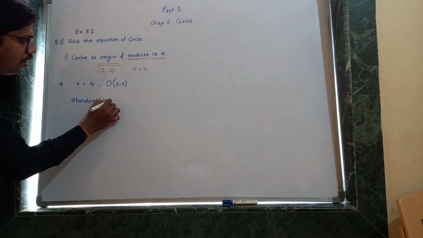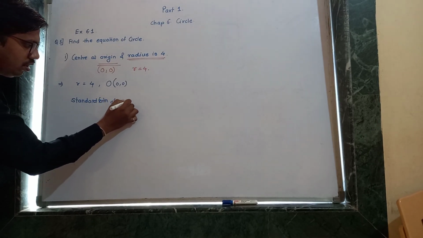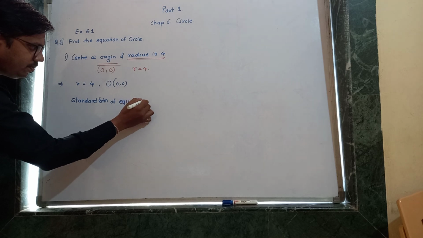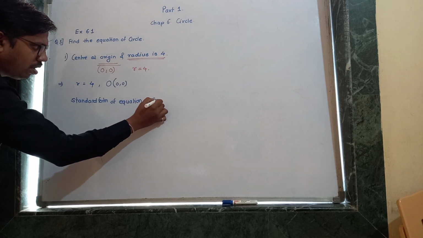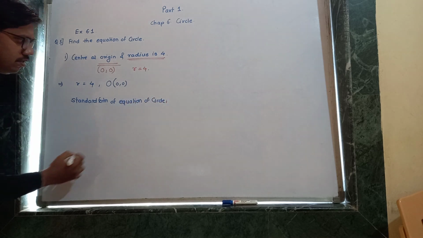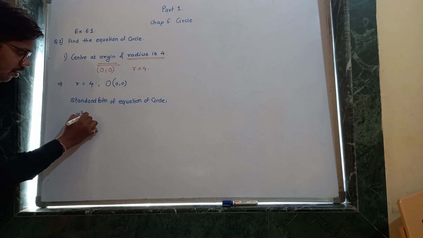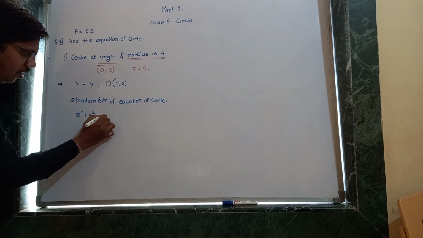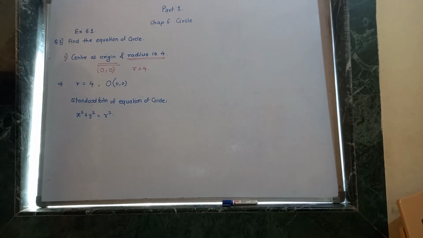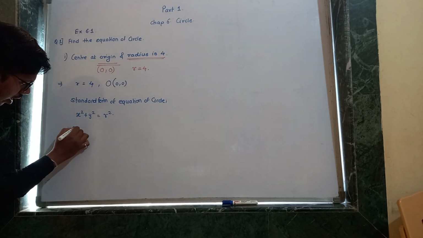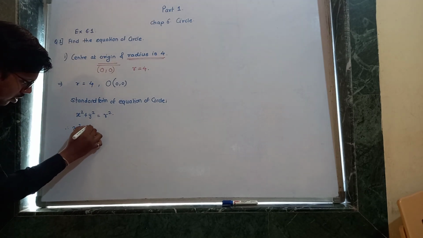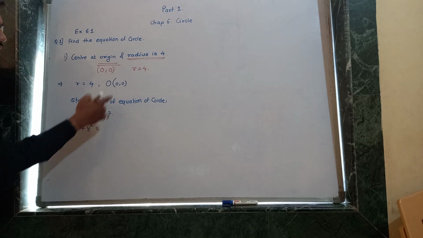Standard form of the equation of a circle is x² + y² = r². Correct? So x² + y² will be the same, no need to change this. But r is what? 4.